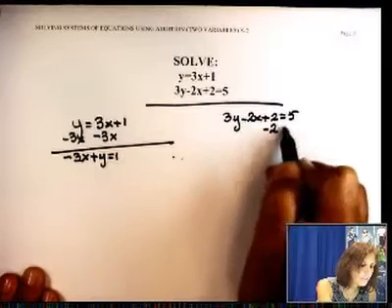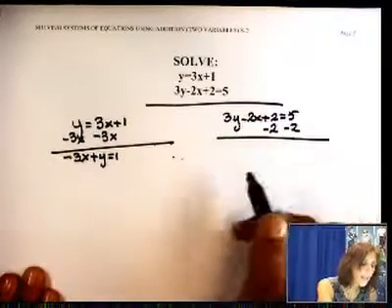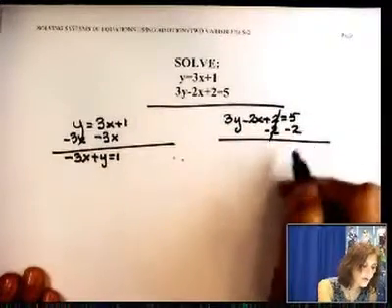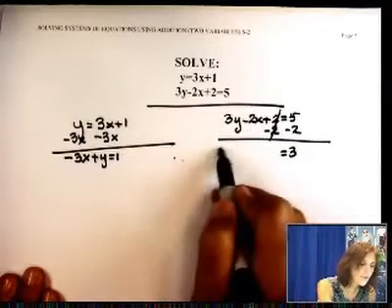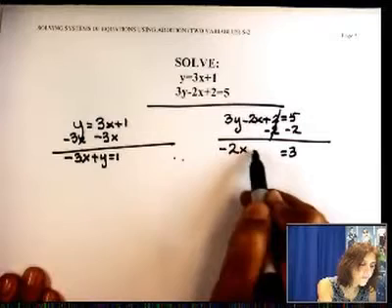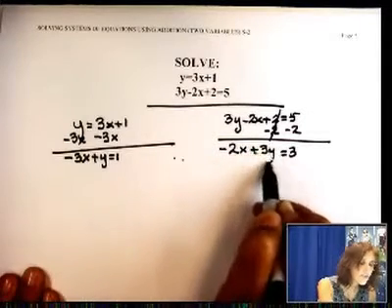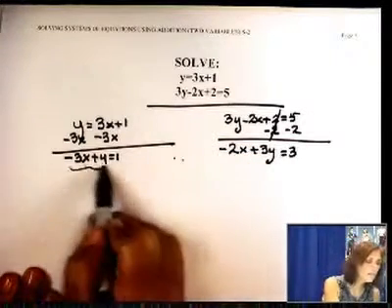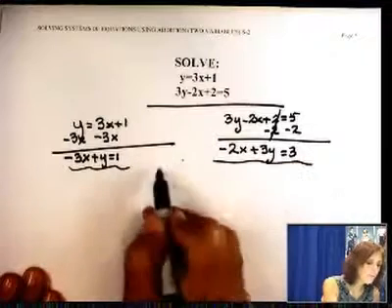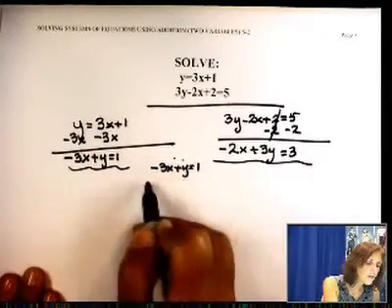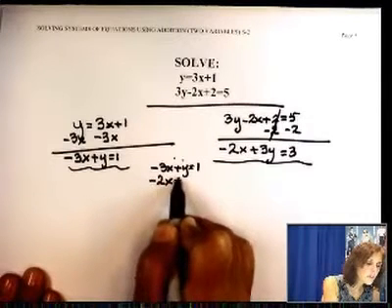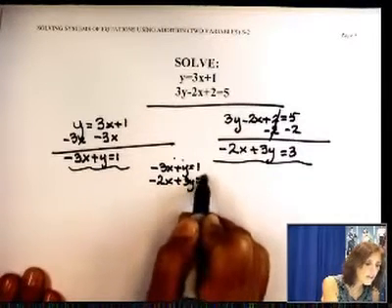Let's subtract 2 from here. And these two will go, and this is going to be 3. I'm going to write the negative 2x first, and then 3y. Do you see it? So these two, I'll line them up. Negative 3x plus y equals 1. Negative 2x plus 3y equals 3.